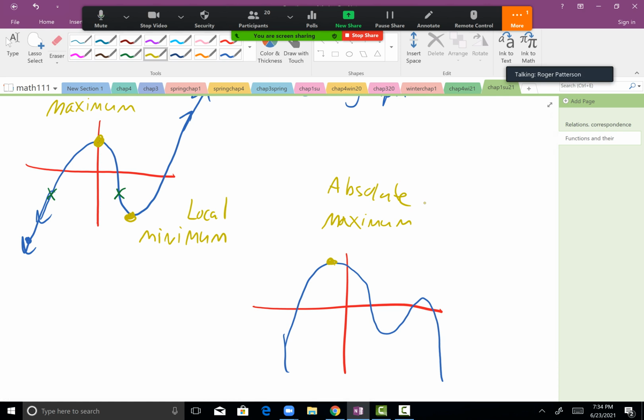All right, so that's an absolute maximum, whereas this is a minimum, but it's local because this graph is continuing to decrease. Here, that's a maximum, but again, it's a local one because obviously this one's higher. So that's how maximum and minimum points work.